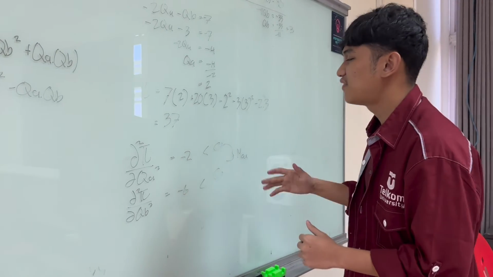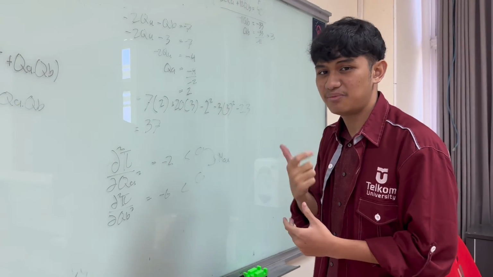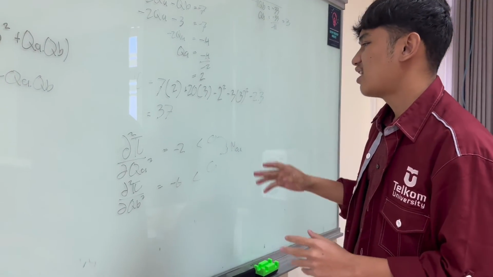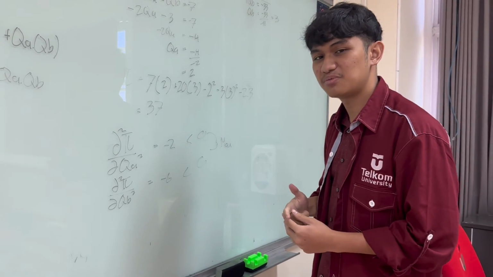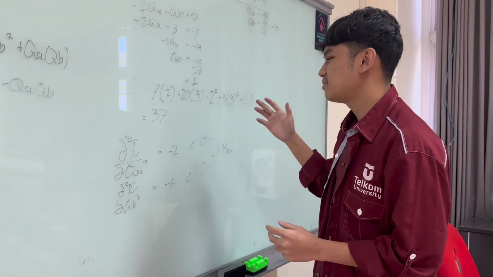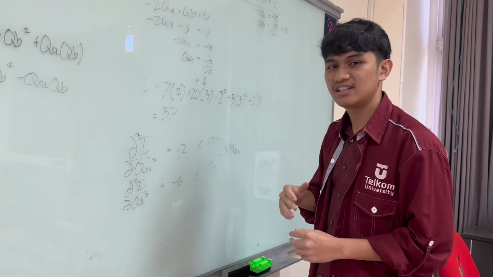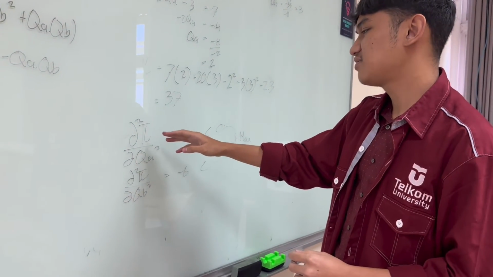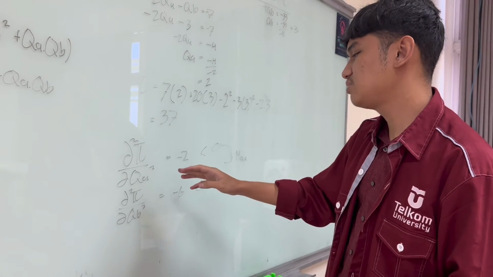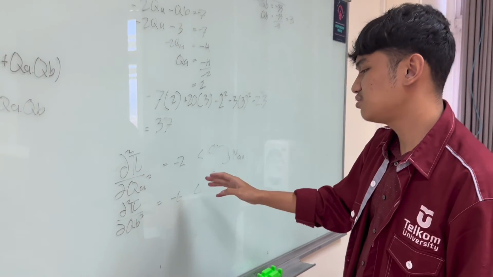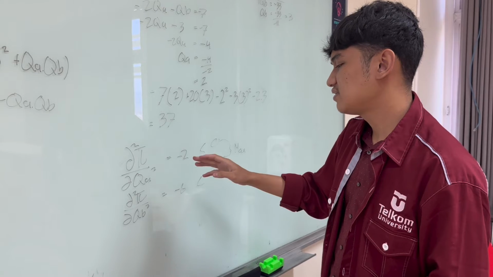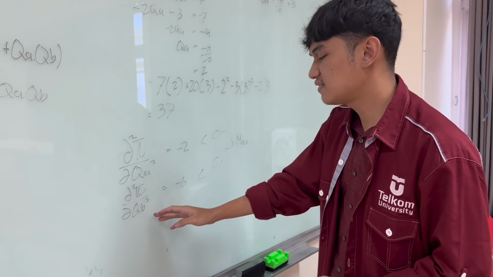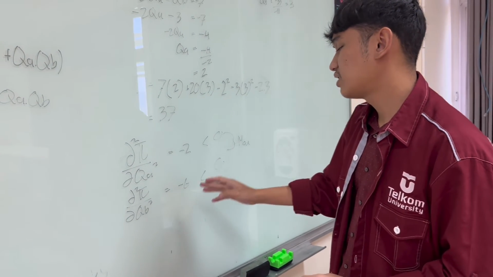Now we need to find out whether it is maximum or minimum. How do we find that? To find maximum or minimum, we need to do the second derivative. This is the formula. The second derivative of P divided by the second derivative of QA equals minus 2, and the second derivative of P divided by the second derivative of QB equals minus 6.